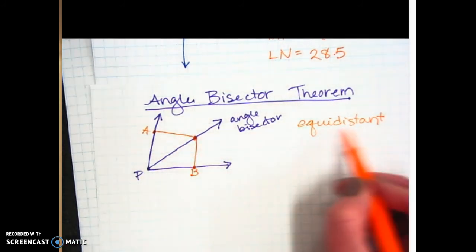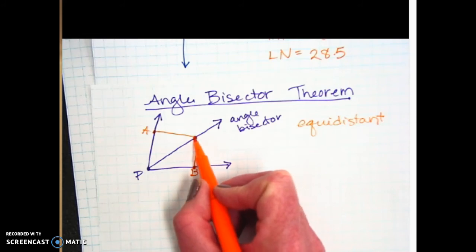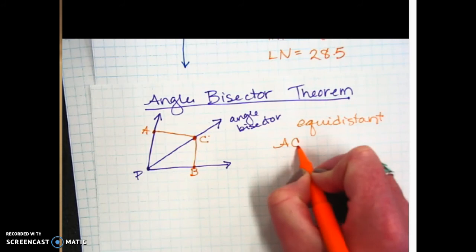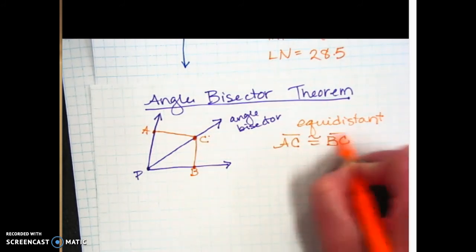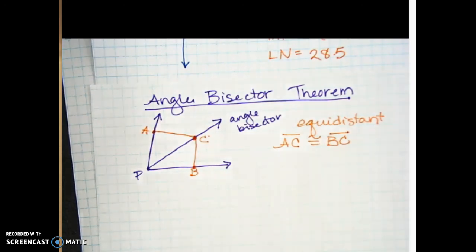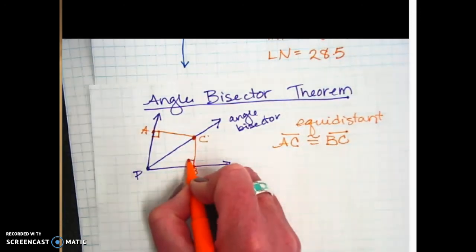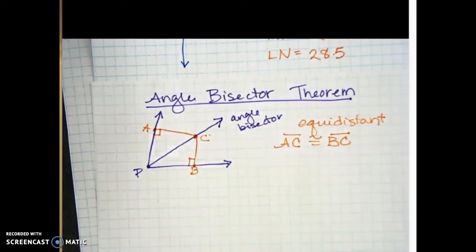They're equidistant. That means they end up being the same distance, and this is point C as in cat. So AC is going to be congruent to BC. They're also going to be perpendicular. So we're going to put a little box right here, and we're going to put a little box right here. All right?